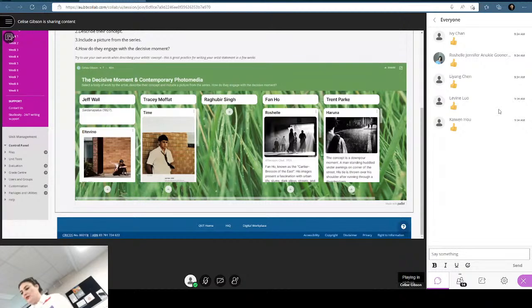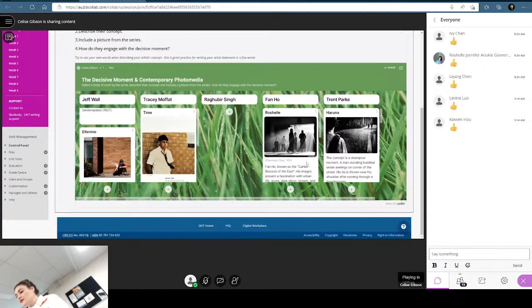So it depends which body of work you had a look at, but we're not going to spend too much time on Tracy Moffat, although thank you, Time, for doing the profile on the artist. The only reason we're not going to spend too much time on this one is because we're looking at Tracy Moffat again next week anyway. So we're going to go a bit deeper into Tracy Moffat because there's a lot of complexity there, like with all of these artists.